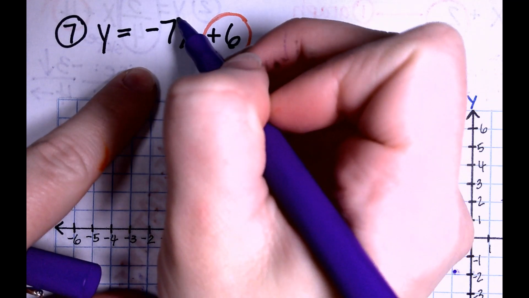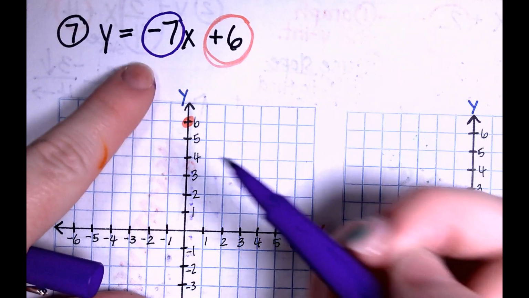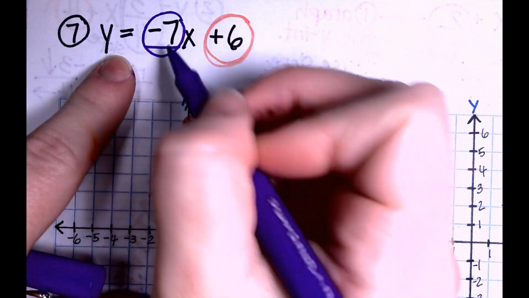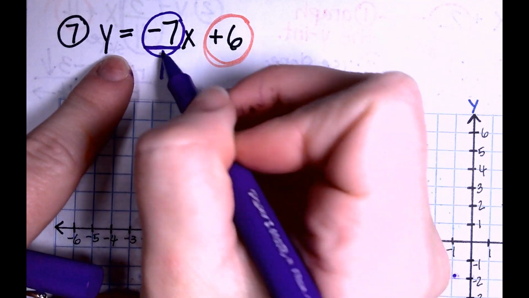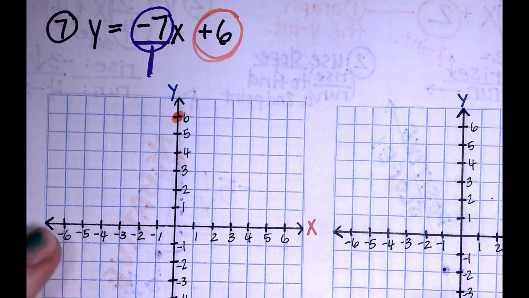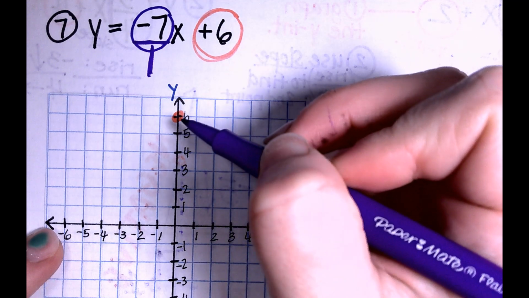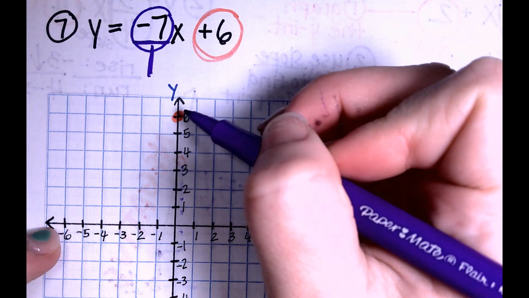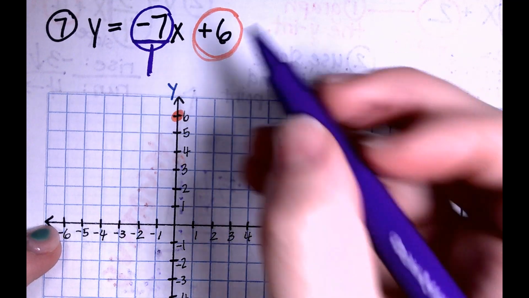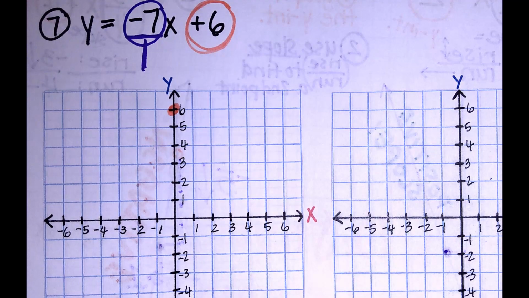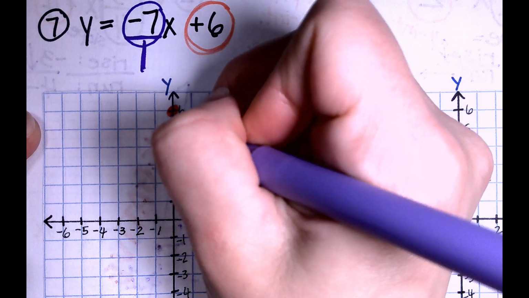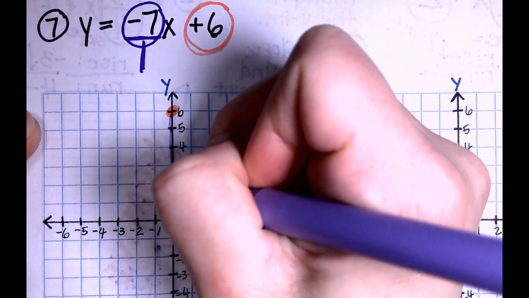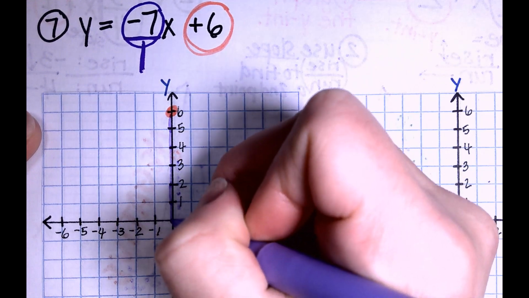Yes. Negative 7 is my slope. I'm going to put it over 1 since it is a whole number. So on my graph, where do I go from the starting point here? Go down 7. So I'm going to count 1, 2, 3, 4, 5, 6, 7.